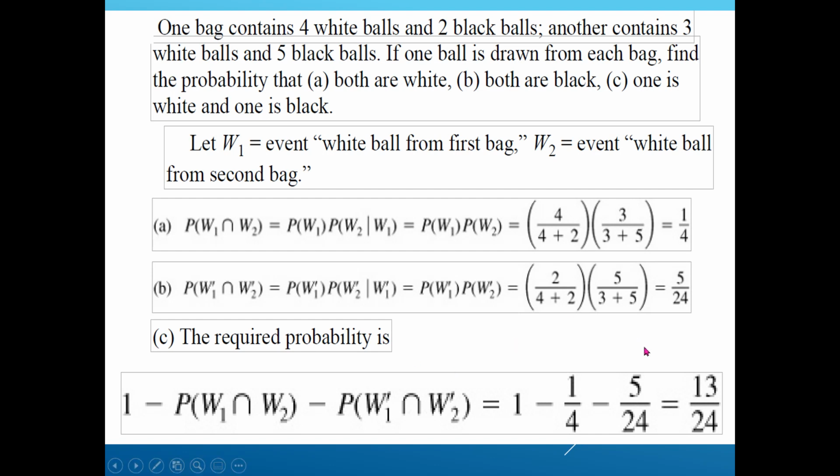So if I subtract the probability of both whites, or both black, because these are the conditions that are the exact opposite of one white one black, from 1, then the answer is 13 by 24, which is the likelihood that we have one white and one black.